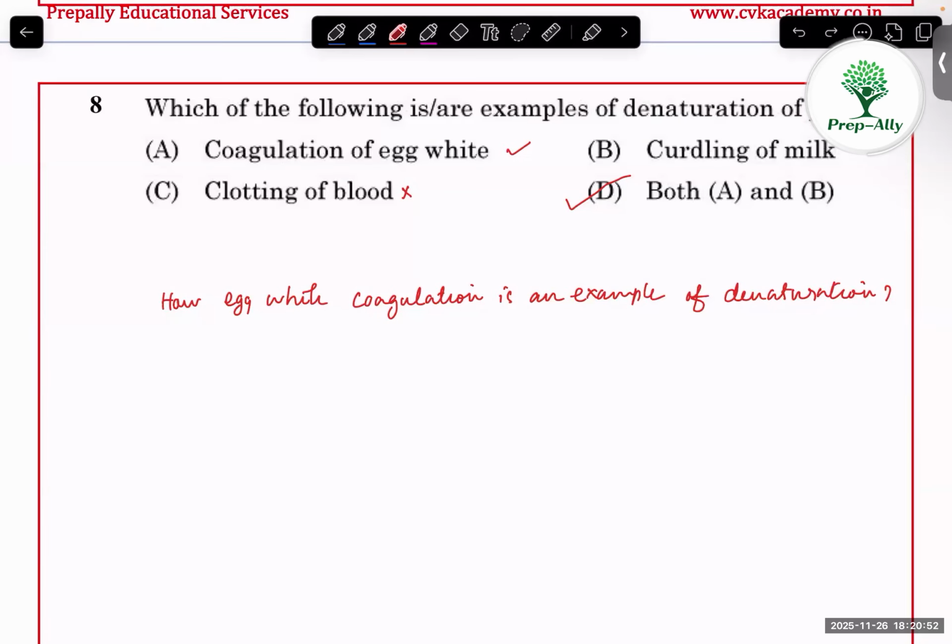So when you are heating egg white, what will happen is temperature physically changes the native protein. That means it will destroy the 3D structure of the protein, the secondary and tertiary structure. Coils, helix get uncoiled and globules get unfolded, and you'll be getting a single polypeptide chain. That means the protein's activity is completely destroyed. So that is also you can answer for a 2 marks question.